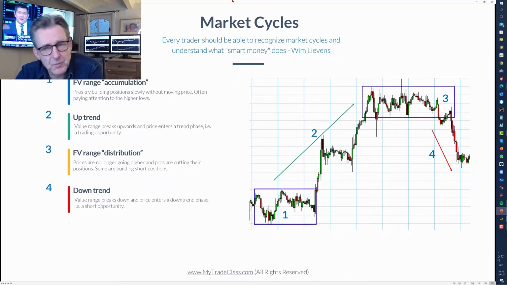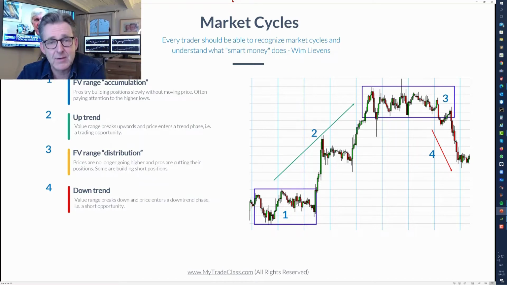Market cycles, most people know this stuff. Now what can a price do? It can go up, it can go down, it can go sideways. Sideways can be neutral, or you can have some pressure to the upside or some pressure to the downside. Upside is called accumulation, downside distribution.